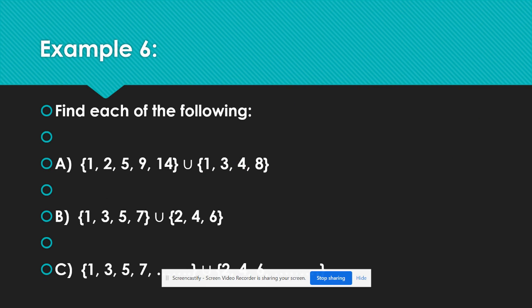Our last set of examples, the union here of these two sets. So we have a 1, a 2, a 3, a 4, a 5, 8, 9, and 14.